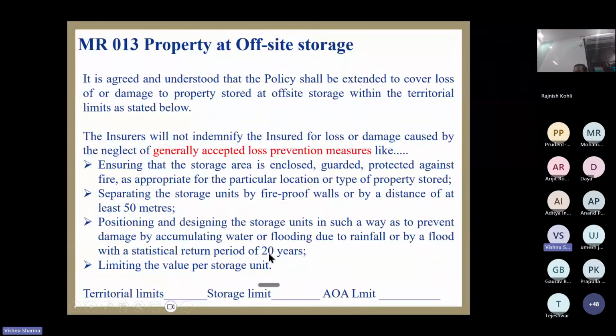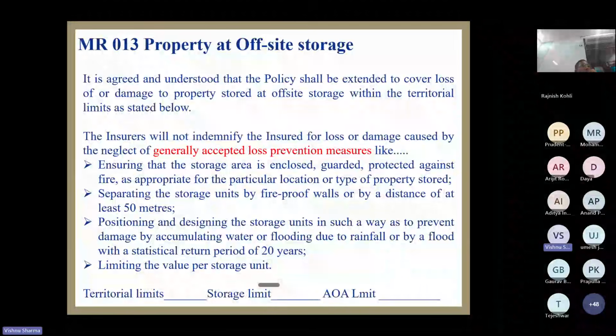As per the 20-year return period, the client is supposed to check with the local IMD, Indian Meteorological Department, how much is the maximum flood level at this site in the last 20 years. Suppose they say the maximum flood that has come is 2.5 feet at this construction site in the last 20 years.